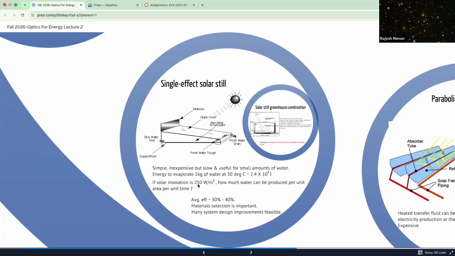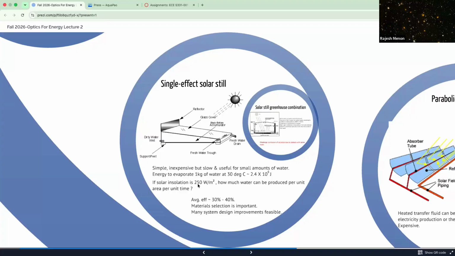So I'm going to make this 2.4 into 250. And I'll get that, okay? Back of the envelope. And then what's my answer? 10 to the minus 4 kilograms, which is 0.1 grams per meter squared per second.